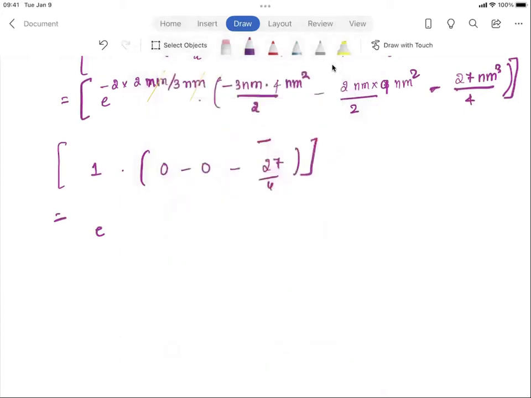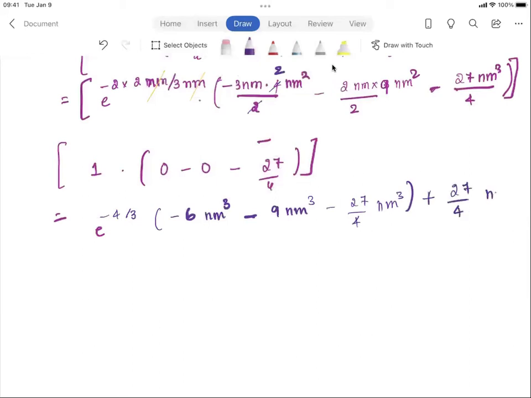So we're going to have e to the negative 4 over 3 times negative 2 ones and 2 twos, so negative 6 nanometer cubed, negative 9 nanometer cubed, negative 27 by 4 nanometer cubed, minus, here we already have a minus, so the minus of minus is going to be plus 27 by 4 nanometer cubed.